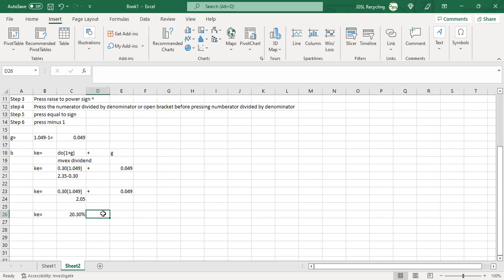And that can be due to the incompetency of the top management, either by not increasing the revenue base or not managing the costs, that is not managing the operating expenses properly. So the expected return from the investors should not be less than what? Should not be less than 20.30%. That is the implication.